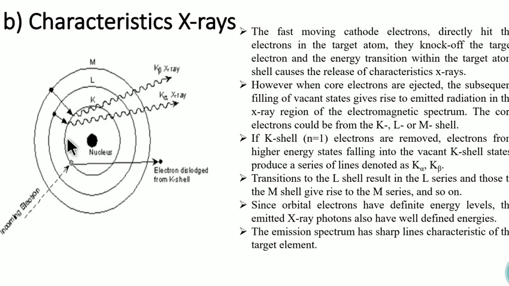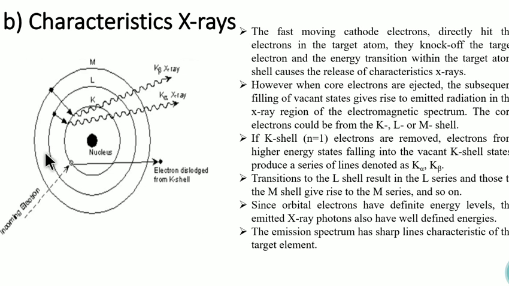Students, suppose the fast moving incoming electrons interact with the K shell, then an electron from the L shell will be knocked off. In the previous slide I already explained the K alpha and K beta radiations. Sometimes the interacting electrons escape from the L shell, and there is a possibility of an electron transition from the higher energy state, that is an M to L transition.